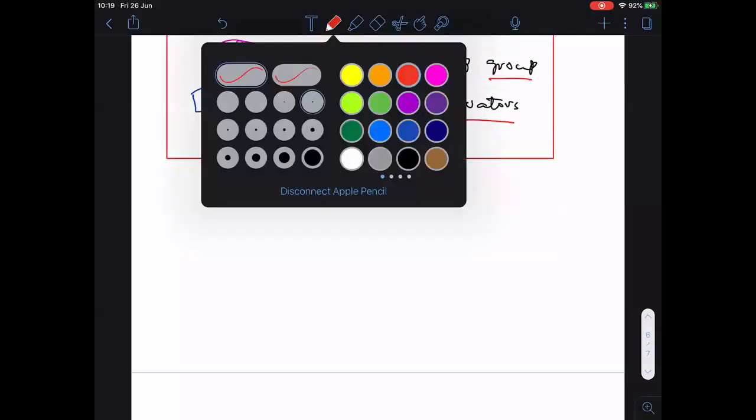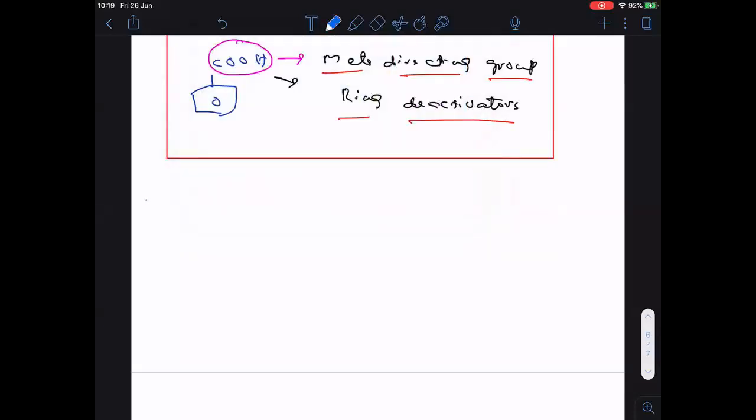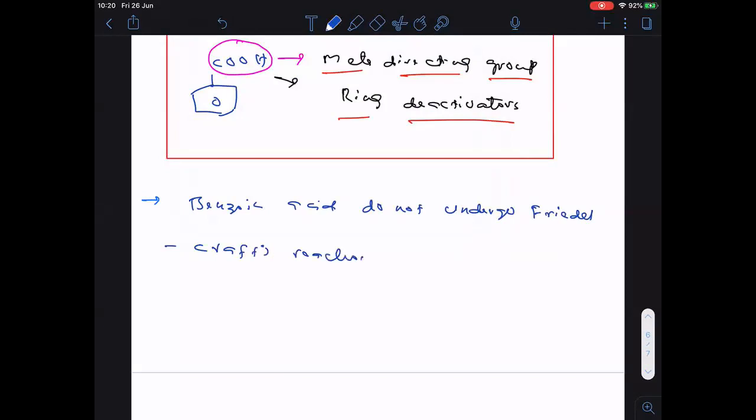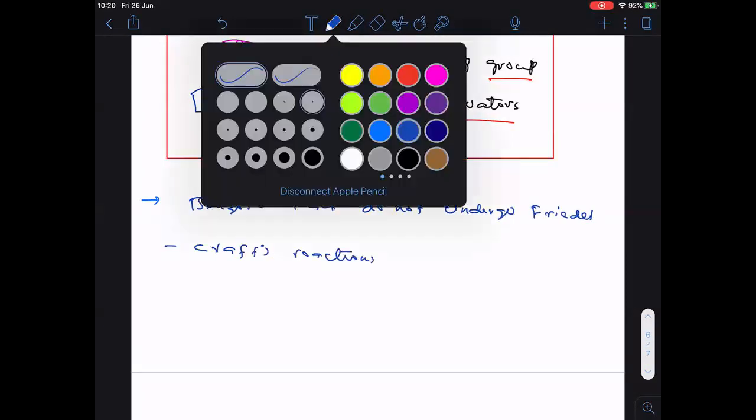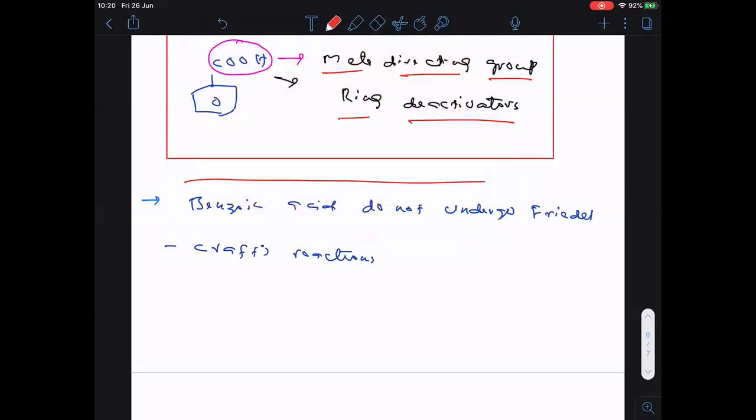It is for this reason. Remember, let me explain in this way now. Everyone, this is a previous NEET question: which of the following does not undergo Friedel-Crafts reaction?